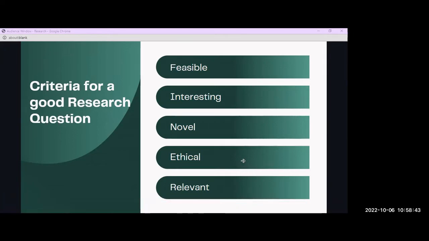We are conducting research because we want to solve problems in the community. So in order to solve problems among the beneficiaries or the institution that you are studying, the results of the study must be used by the administrators for policy making.